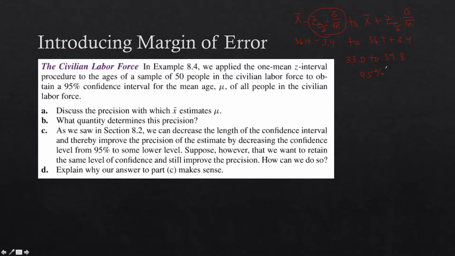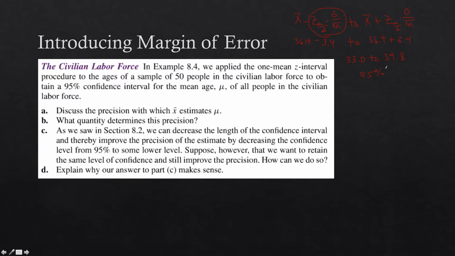So remember what we said. We said that decreasing the confidence level increases the precision. So a 95% confidence level would be very poor in terms of precision because our interval is wider.